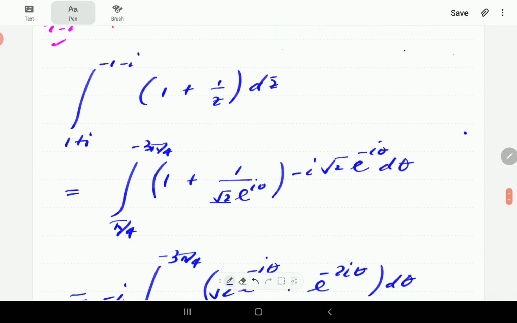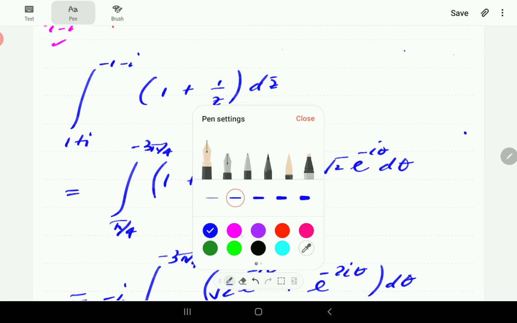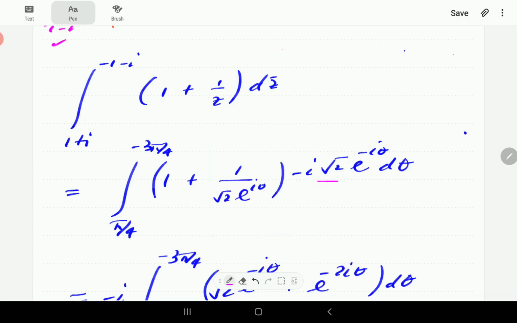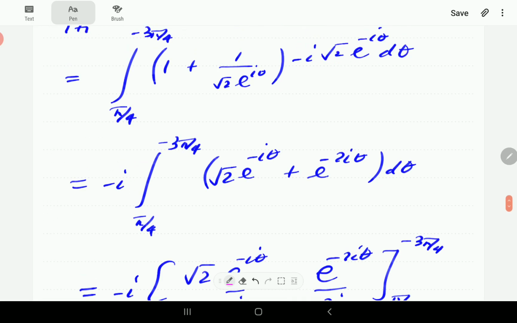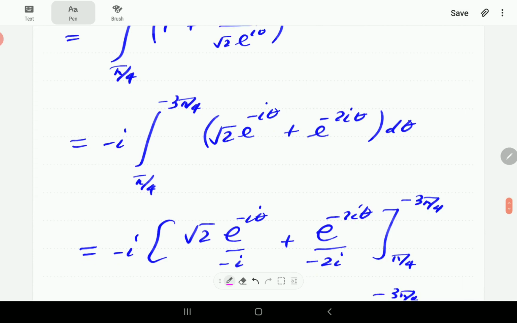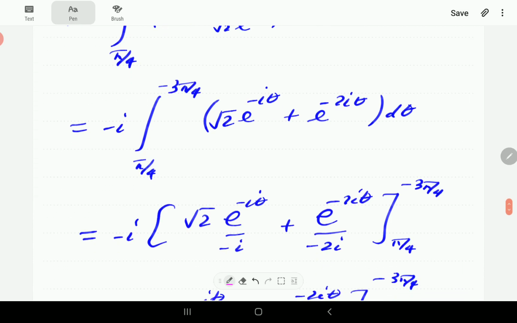Right, so this is 1 over z here, and this is a dz bar here. If we remove the brackets, okay, the negative i we're going to factor out. Then this term is just going to sit here, times 1. Then this term times this term, the square root 2 cancels out, the e's, if we bring them to the numerator, we've got e to the minus 2i theta.